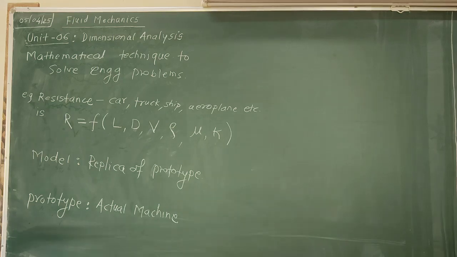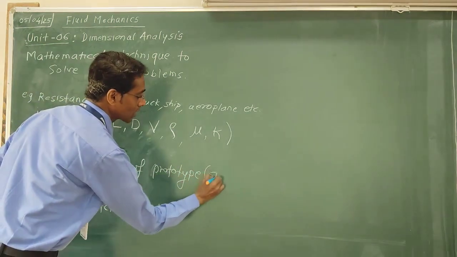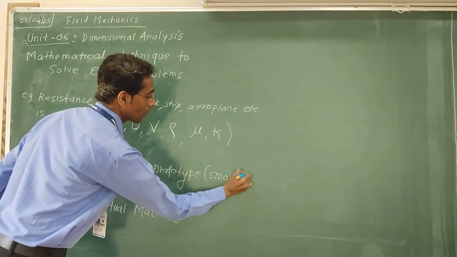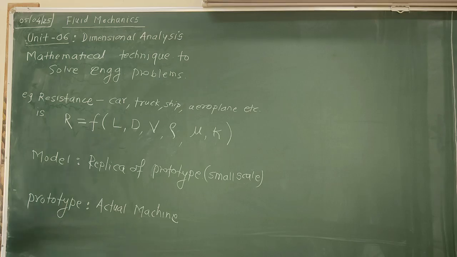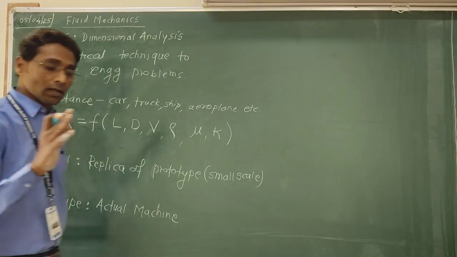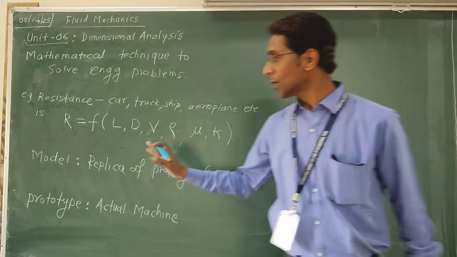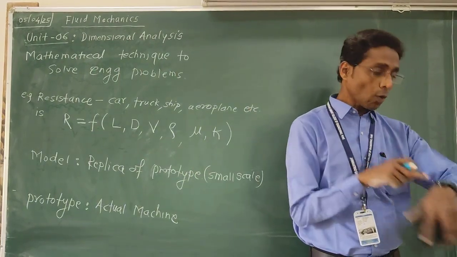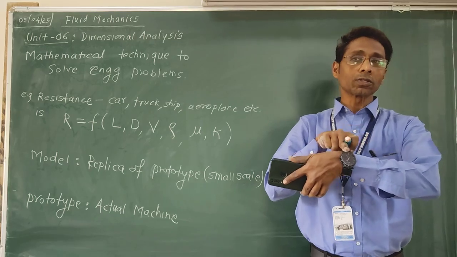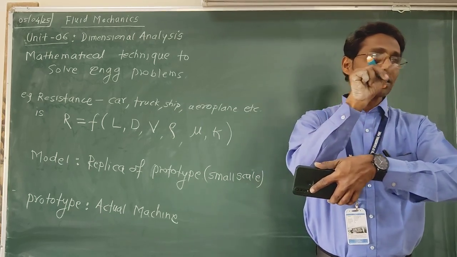And it is a small scale. This is small scale. It depends on the object. The objects which are big, suppose dam. Dam is big. So its model will be of small size. But small gear in a watch, this is an analogous watch. In this number of small gears are used.